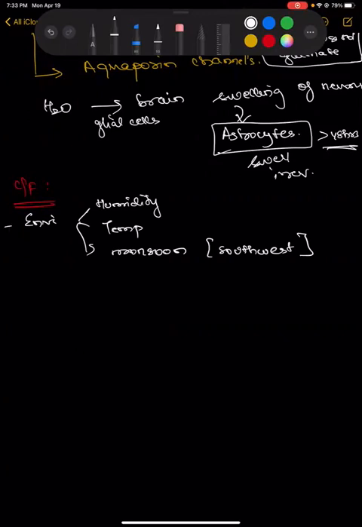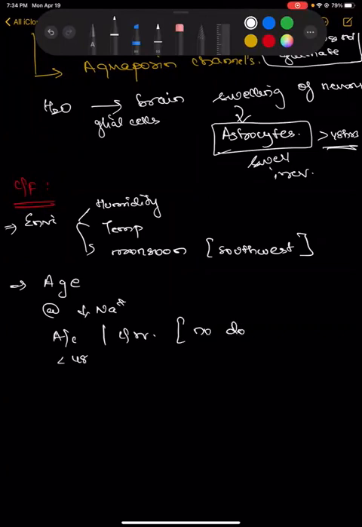So environmental factors do play a role, and the symptoms depend upon the age, the rate at which the sodium levels are decreasing, and whether it is an acute or chronic presentation. Acute is when it is less than 48 hours, and chronic is when you have no documented value of sodium within the last 48 hours.